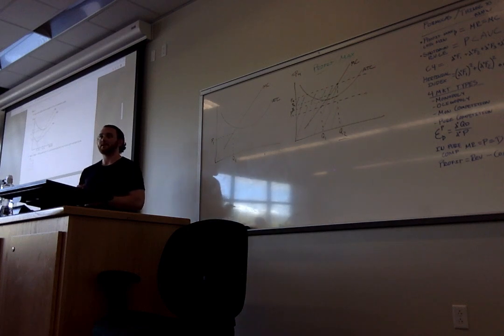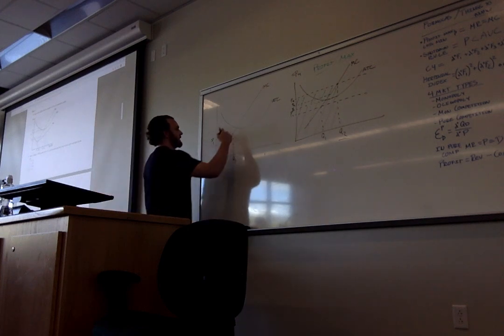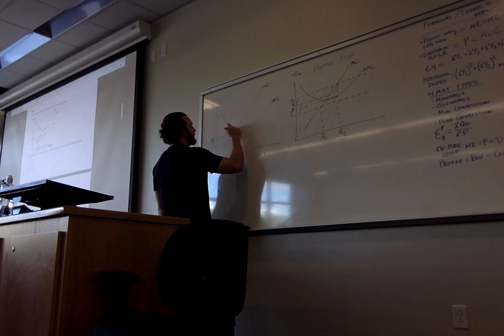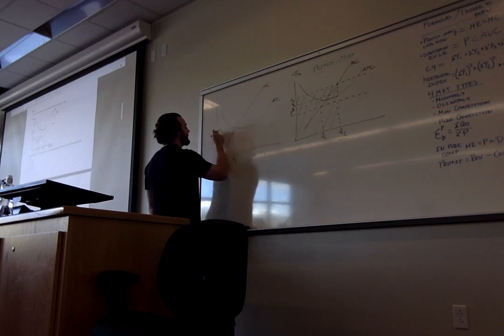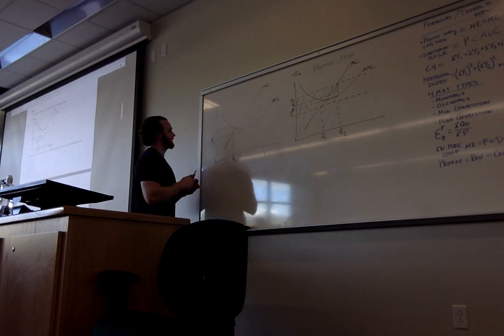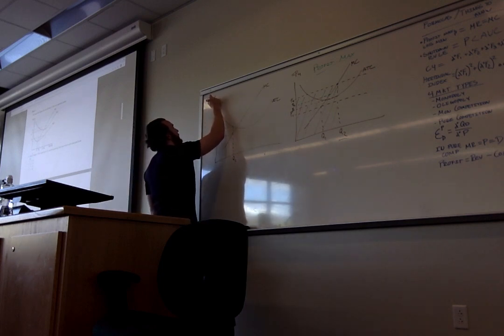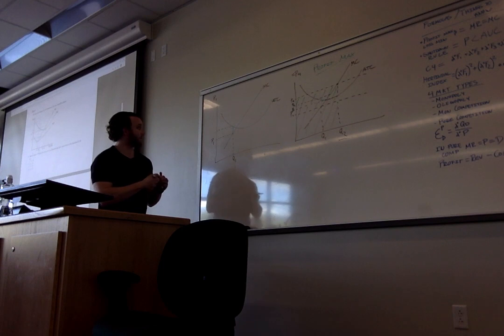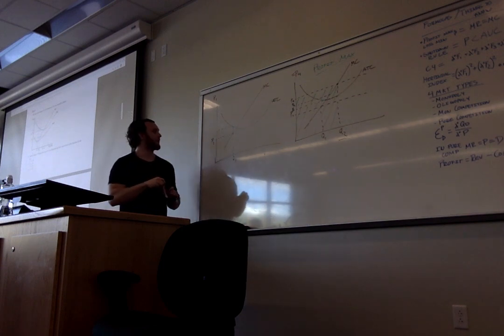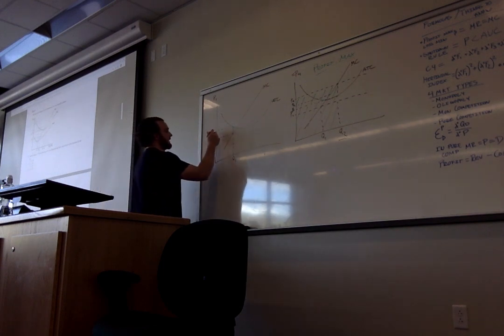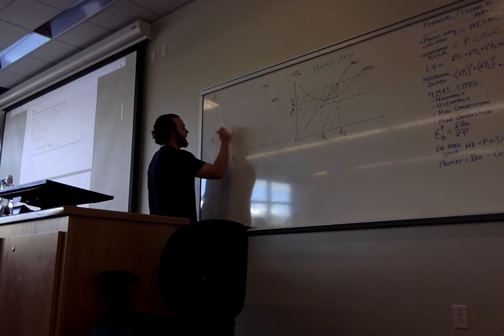Find the difference between where. Exactly. So you would go up to your average total cost curve, and you would go over. Okay? So, sorry, I'm going to reiterate. This is at P1. So you would go up to your average total cost curve and go over, and then this area would represent your loss, right?